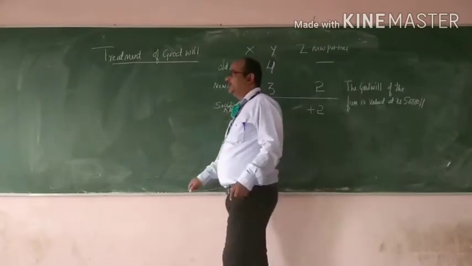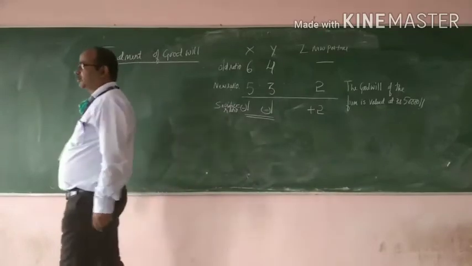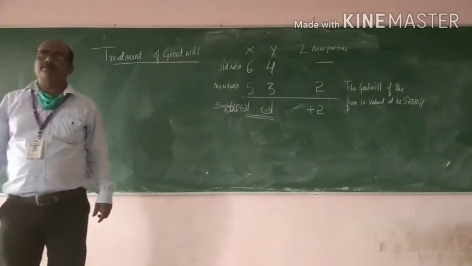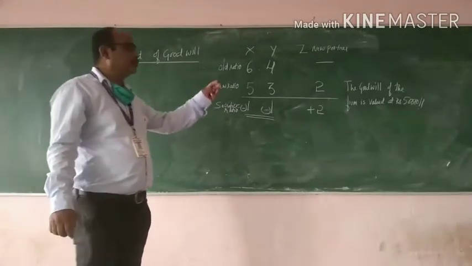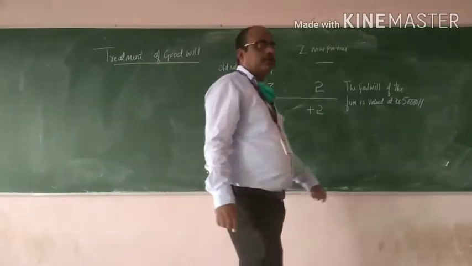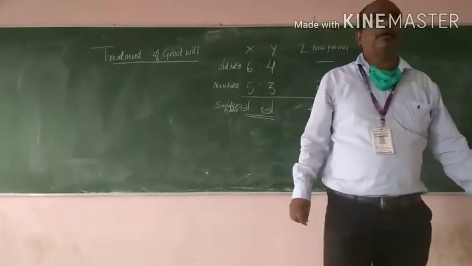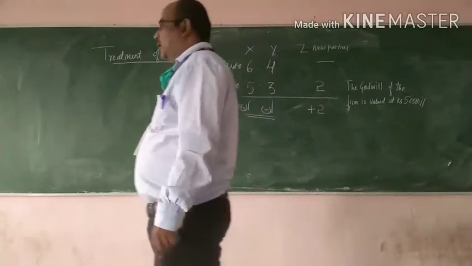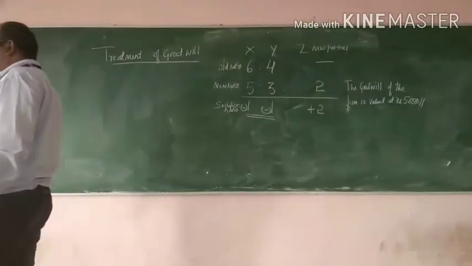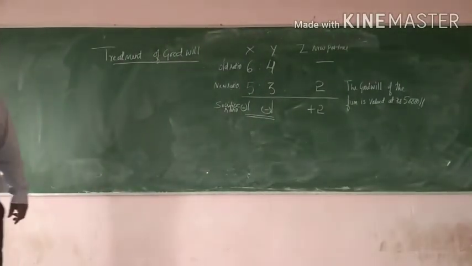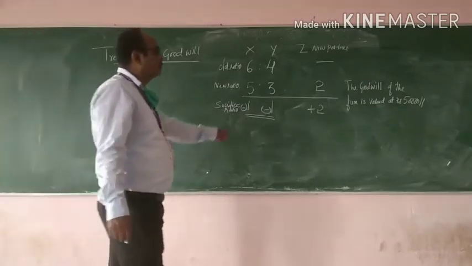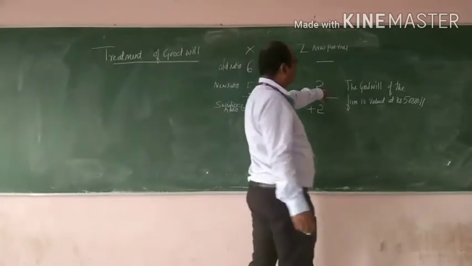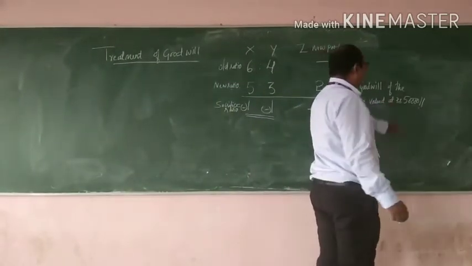As we have seen in the previous session, we have learned three methods to value goodwill: the simple average profit method, the weighted average profit method, and the super profit method. After valuing the goodwill, it has come to rupees 50,000.